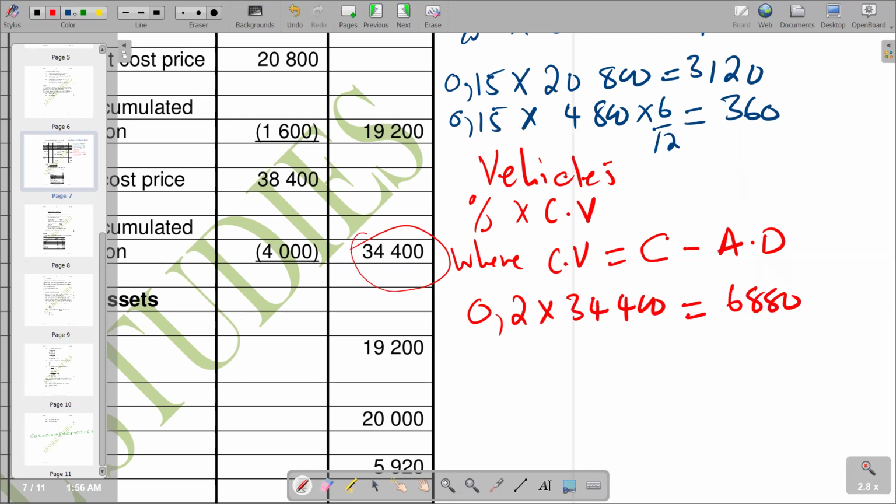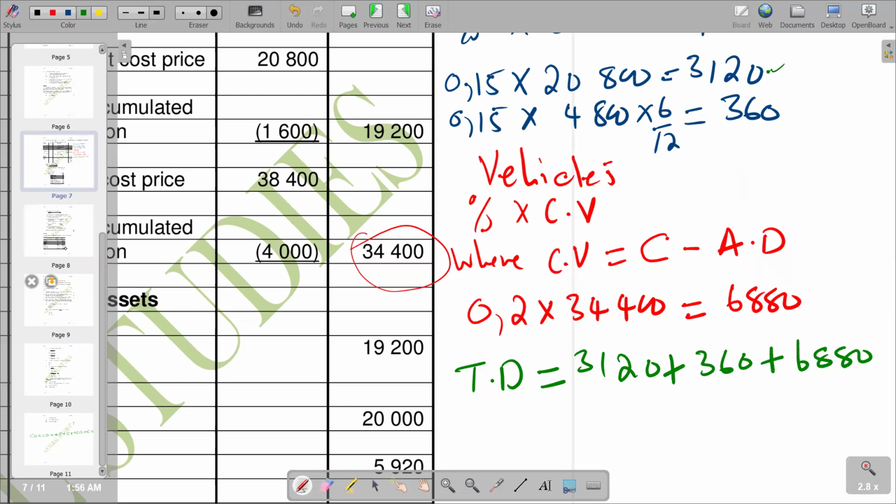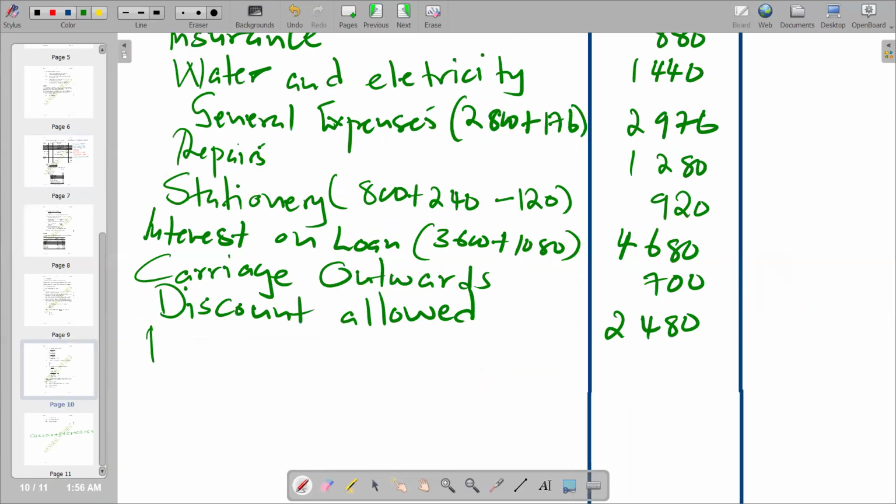So to get your total depreciation, which is supposed to go to the income statement, we add all the depreciations. Remember, you've got 3,120, and then we add your 360, and then we add your 6,880. So that's how we're going to calculate it. As we go to our income statement, we say depreciation.